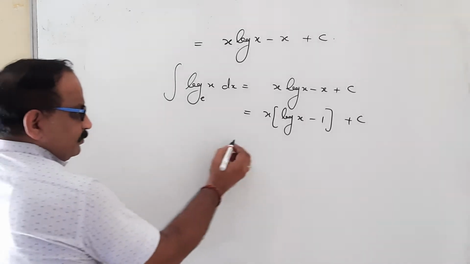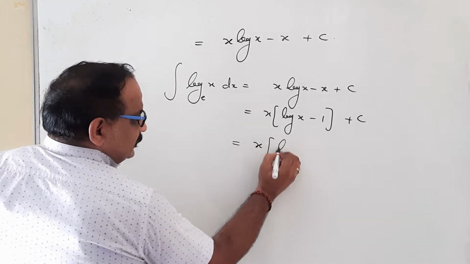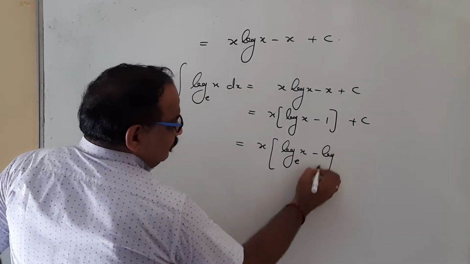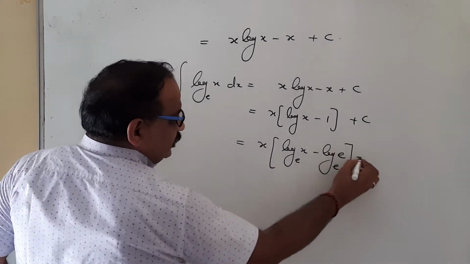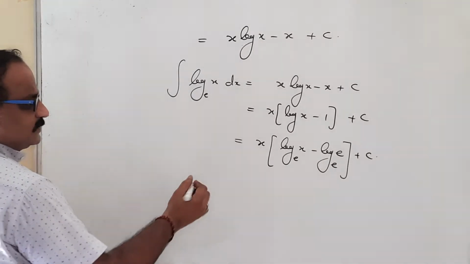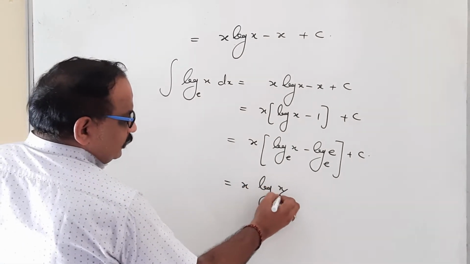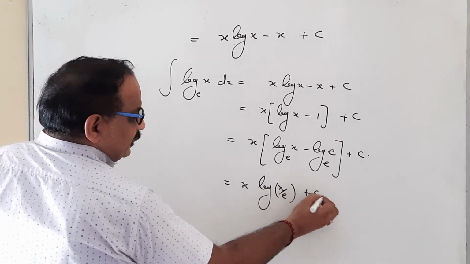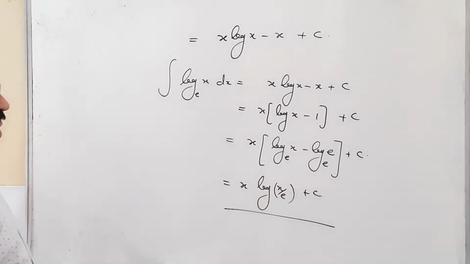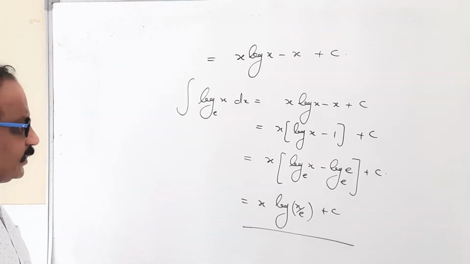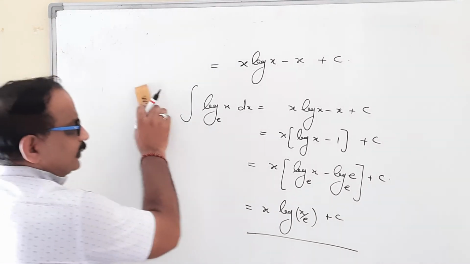And one more time, here is x times log of x to the base e, minus 1, which can be written as log e to the base e, plus c. And here is x, and then again it is log of x by e, like that, plus c. This result can be written in these forms, so we have to use it accordingly. That is the simple log x.